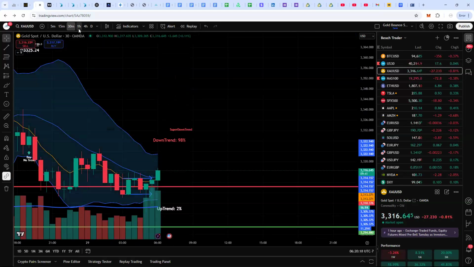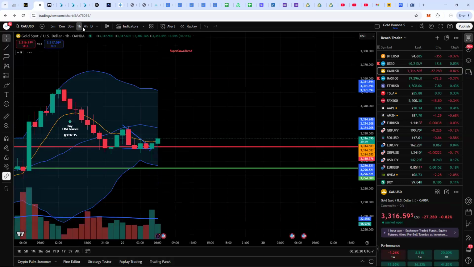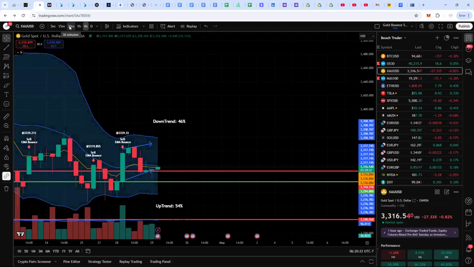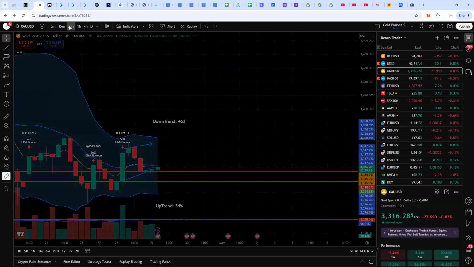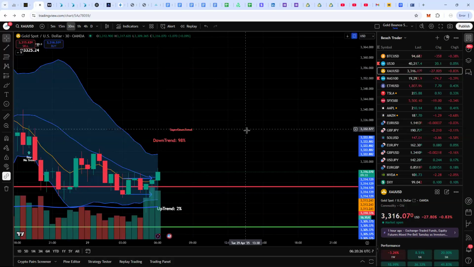That's on the 15 minutes, but you see all the way that it has to work to get up to the top of the Bollinger Band on the other time frames. So I really like this going up. And if the job reports are bad, then gold should really skyrocket.